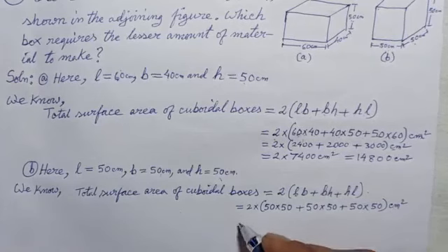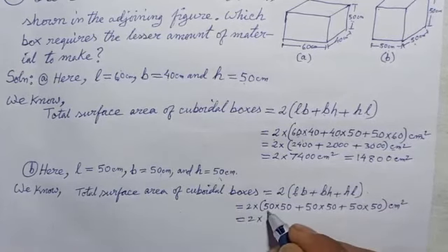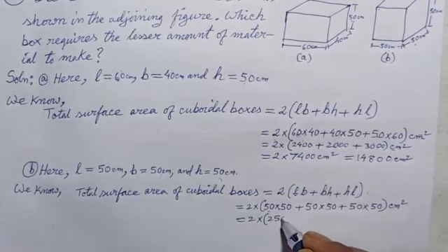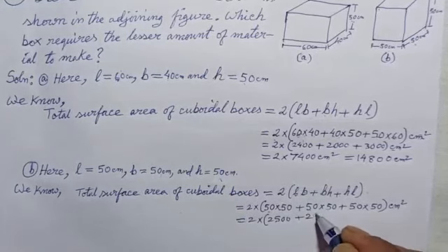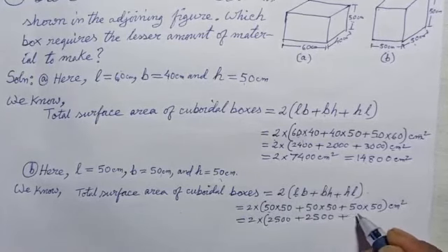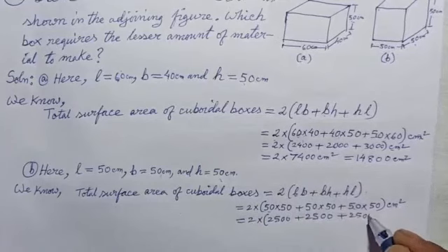5 times 5 is 25, 2 more zeros. 5 times 5 is 25, again 2 more zeros. 5 times 5 is 25, again 2 more zeros.